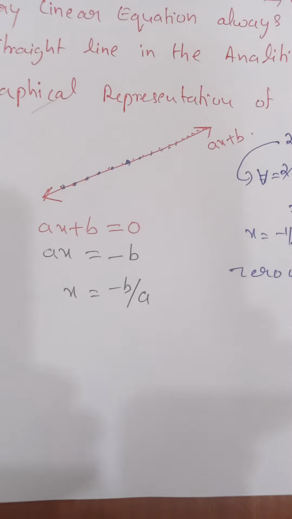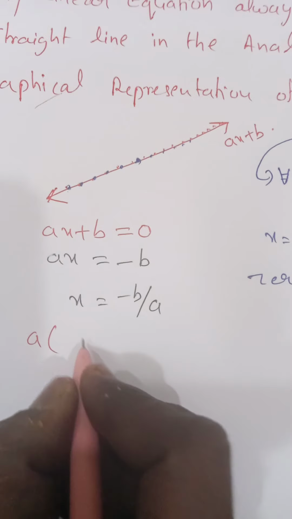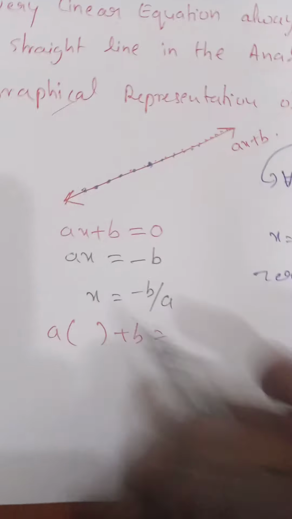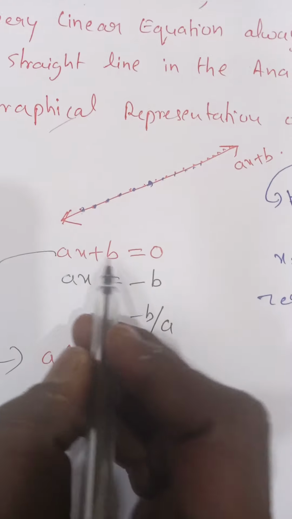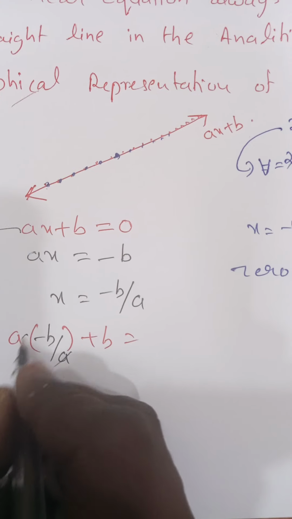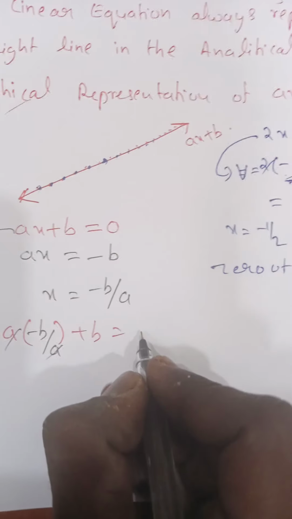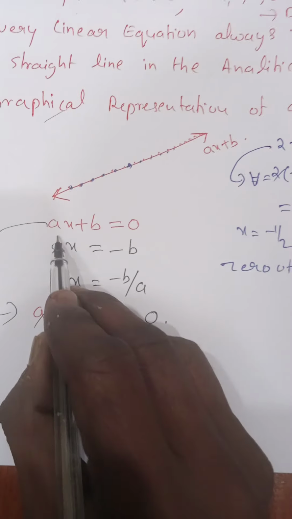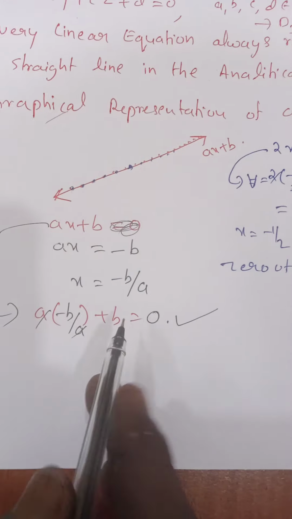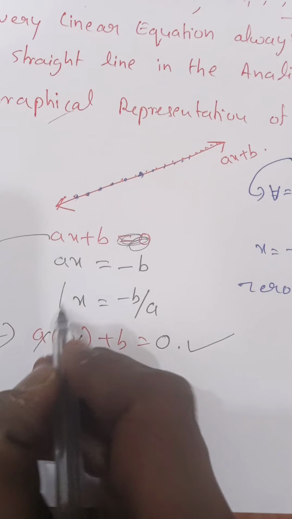Now what will happen if I write in the place of x the value minus b by a? We'll check it here. I am replacing the value of x by minus b by a here. This will get cancelled, minus b plus b, it will become 0. So we are getting the value of this polynomial as 0. That means x equal to minus b by a is the zero of ax plus b. Why x equal to minus b by a?